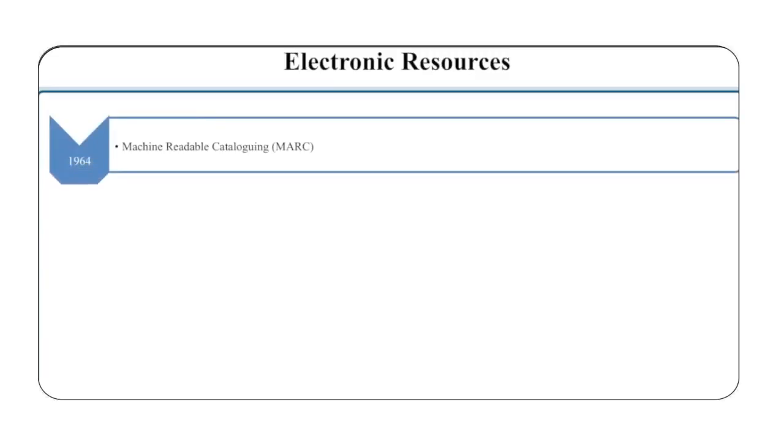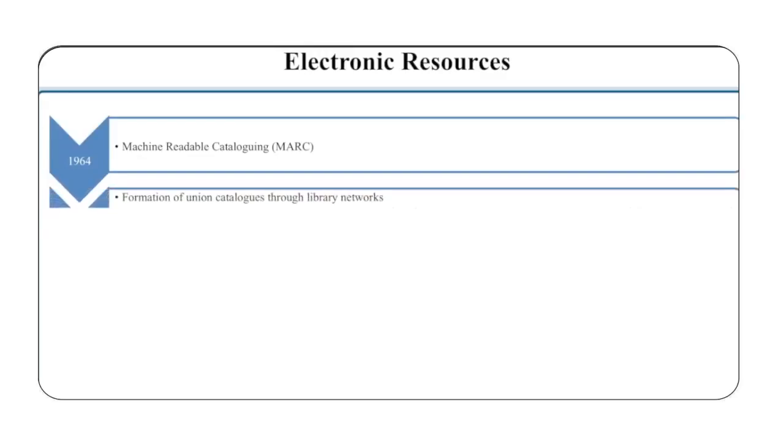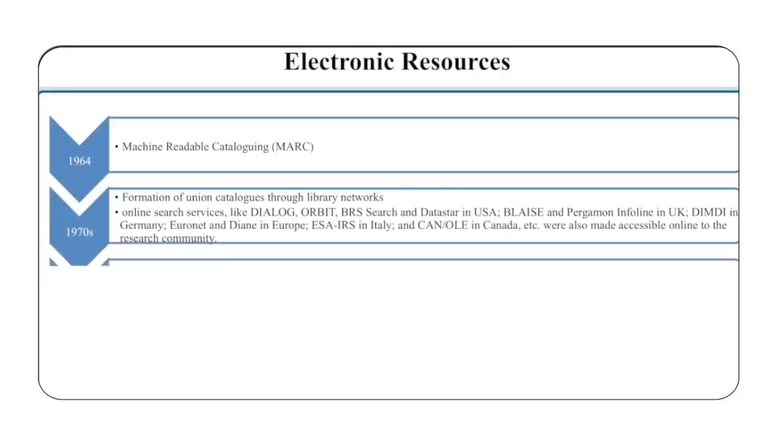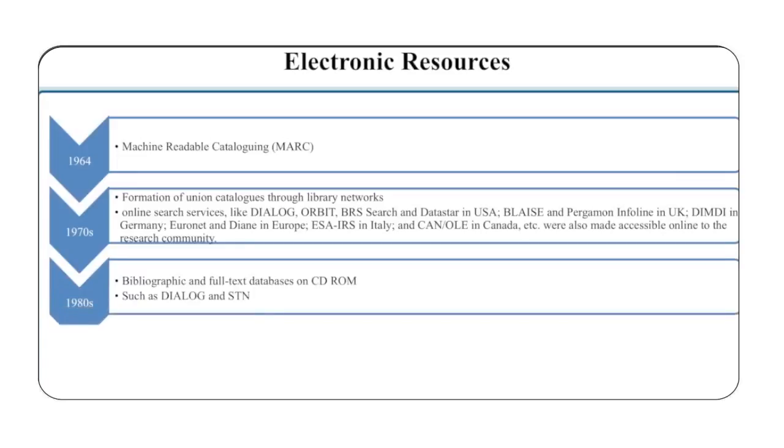The trend picked up in the early 1980s with the introduction of PCs at a cost affordable to the libraries. The computerized catalogs of individual libraries led to formation of union catalogs through library networks like OCLC that were developed to facilitate online and copy cataloging and resource sharing.